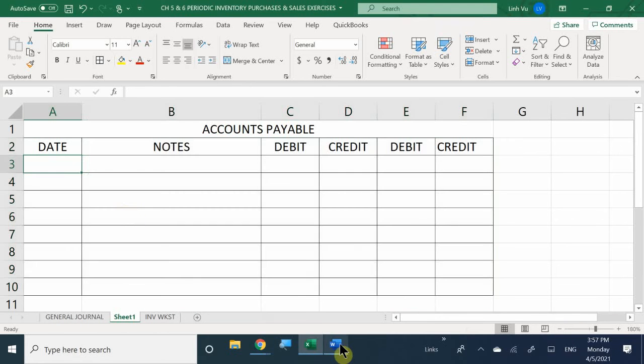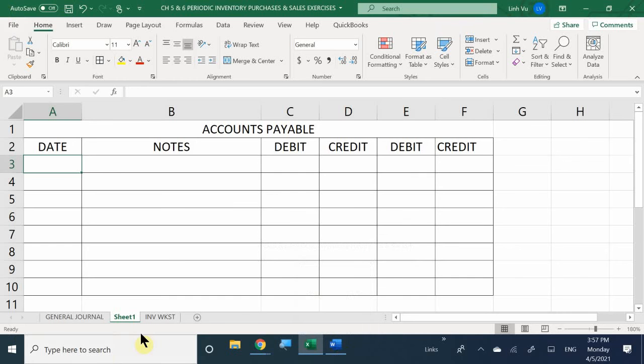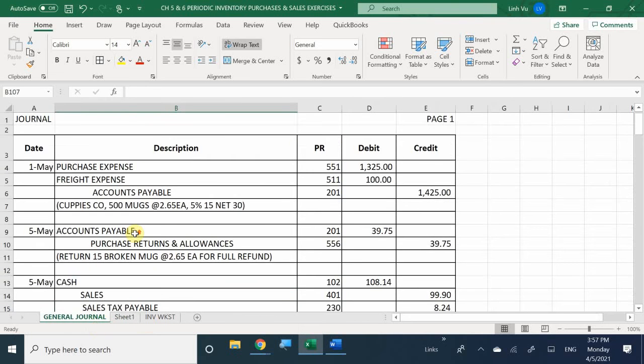So now let's go through everything that we see in our journal, because the ledger comes after the journal, if you remember the accounting cycle. So let's take a look. First thing that we did was on May 1st, we purchased our inventory on account for a total of $14.25.